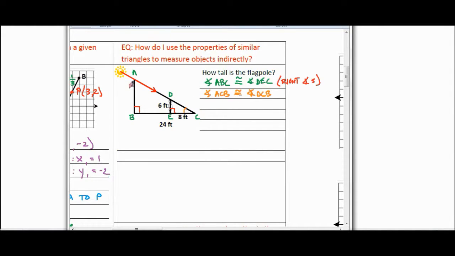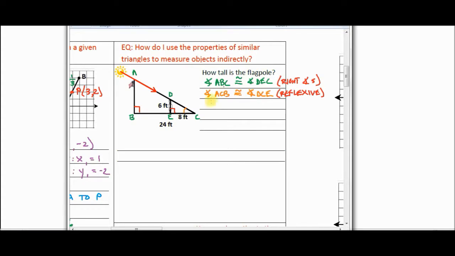DCE, because that's our smaller triangle, is the exact same angle. So those have to be congruent. If you remember, class, on this property right here, we called it the reflexive property. That means an angle is always congruent to itself. Reflexive. Get that right. Okay, reflexive property.